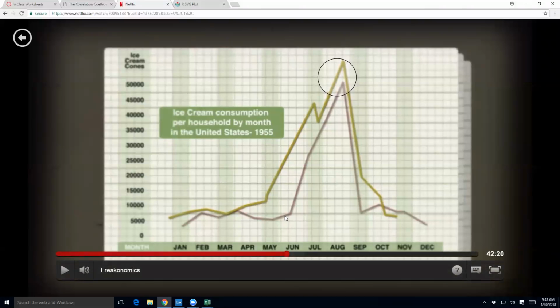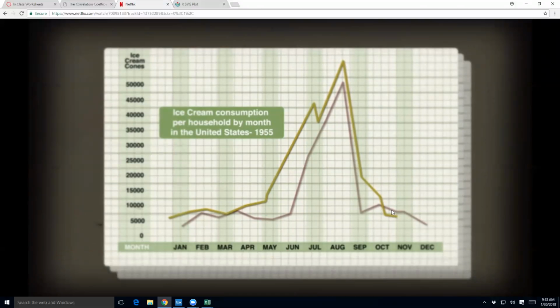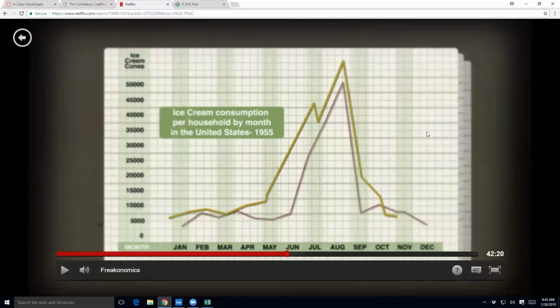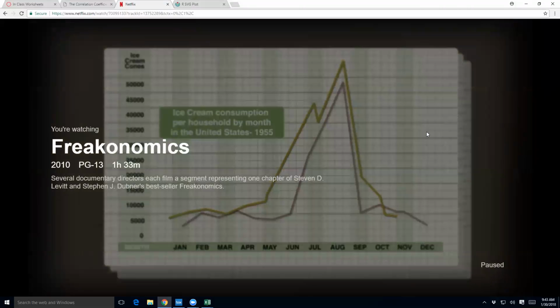So the fact of the matter is, even though correlation doesn't imply causality, you could use the percent of ice cream sold, I don't know what the units are, and predict the number of polio cases. And you would be pretty accurate. So correlation can be useful even when, in this case, ice cream isn't the cause of polio.